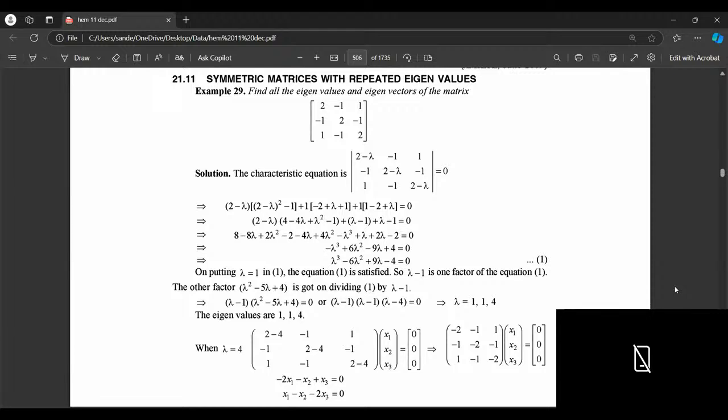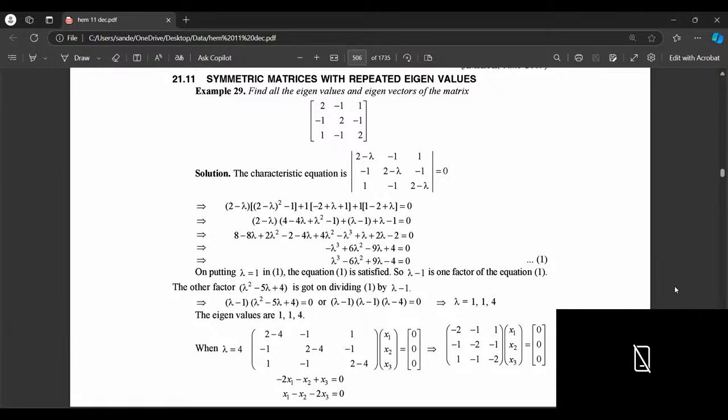After expanding this determinant, we have this characteristic equation, lambda cube minus 6 lambda square plus 9 lambda minus 4 equal to 0. We are dealing with symmetric matrix. So again, we may find eigenvalues.